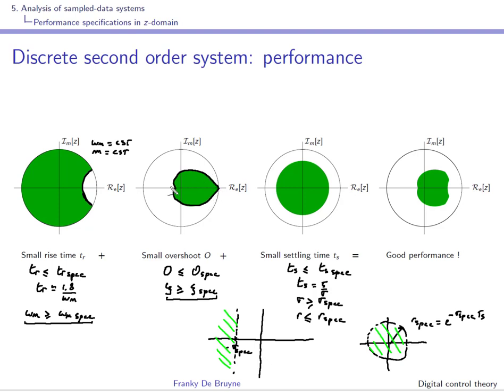This is a logarithmic spiral. So this type of specification yields this zone over here, and this is a zone of constant sigma or constant r, right, or constant settling time. So this kind of specification imposes a region like this. So good performance is the intersection of these three regions, and this is what you obtain.